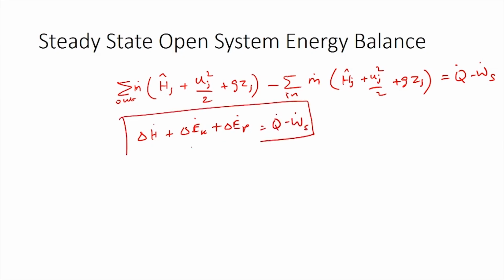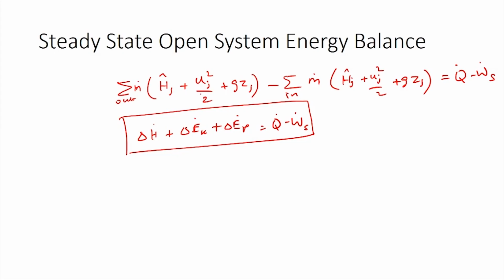So, this is your equation for energy balances in an open system. The first term, m dot times H cap, would become the total enthalpy of the outlet stream. The total enthalpy of the outlet stream minus the total enthalpy of the inlet stream forms delta H dot.